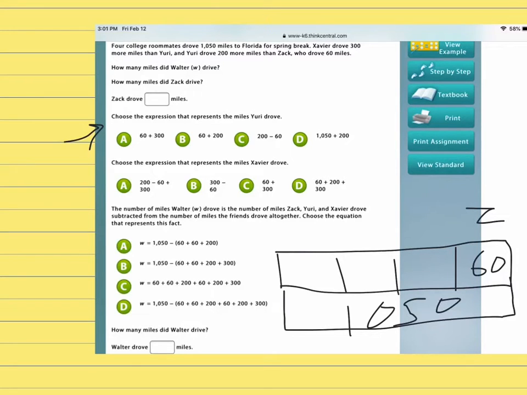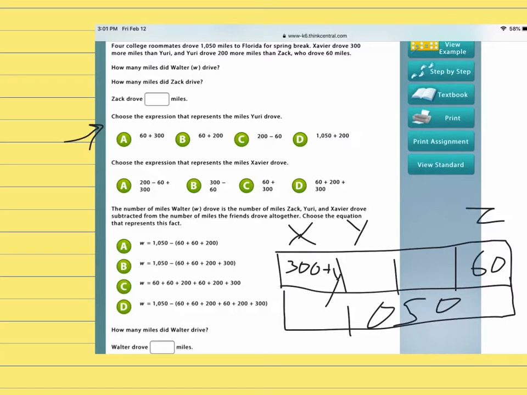Well, let's fill in our chart here. Xavier is X, and Xavier drove 300 more than Yuri. So Yuri is Y. So Xavier is 300 plus Y, that's going to be our expression on that.